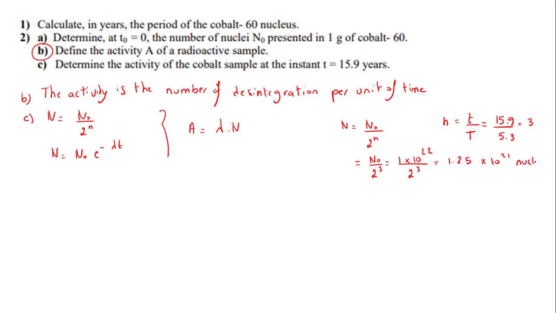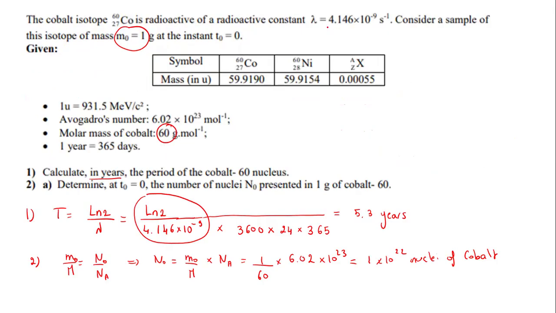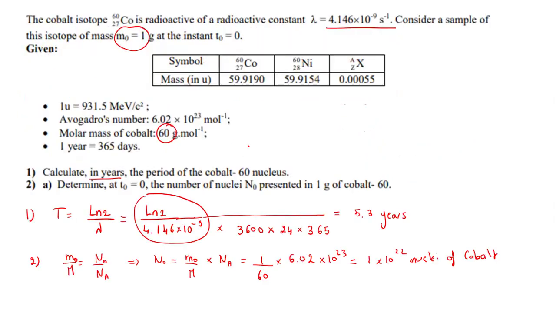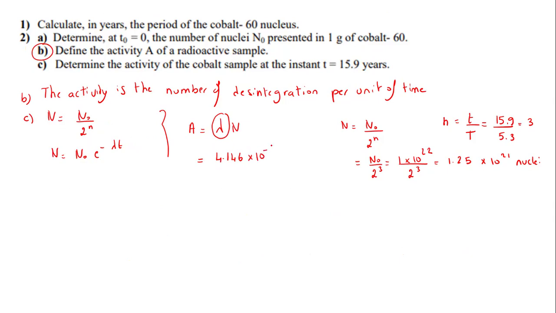times 10 to the power 21 nuclei. But the question is not the number remaining, the question is the activity. So I take this and put it here. We have to pay attention that activity is in becquerel, its SI unit, so when I take lambda I have to take it in second minus 1, as given: 4.146 times 10 to the power negative 9 second minus 1, times the remaining n, 1.25 times 10 to the power 21.